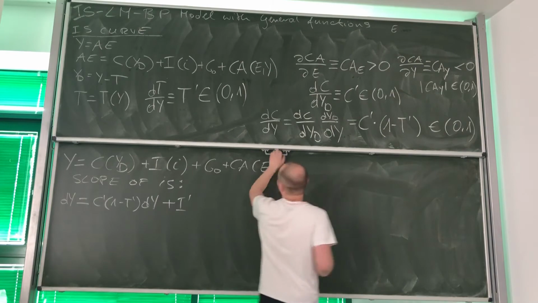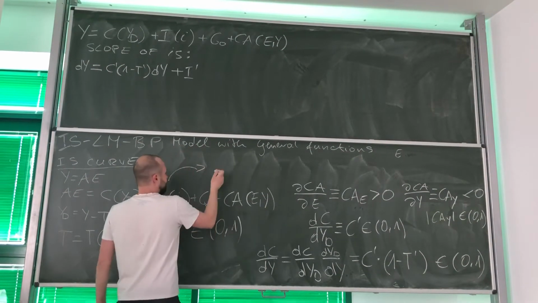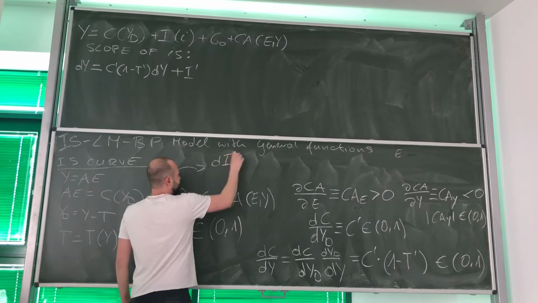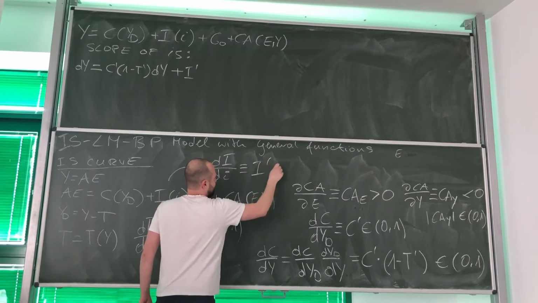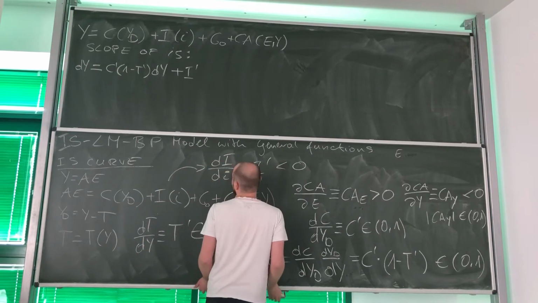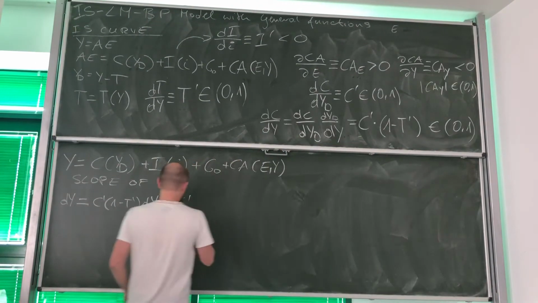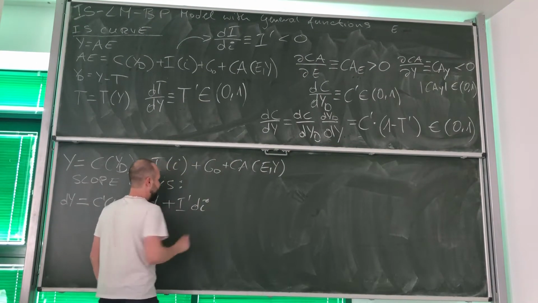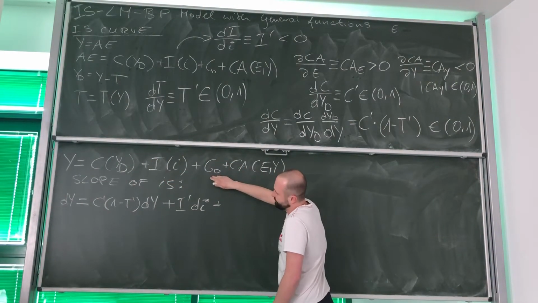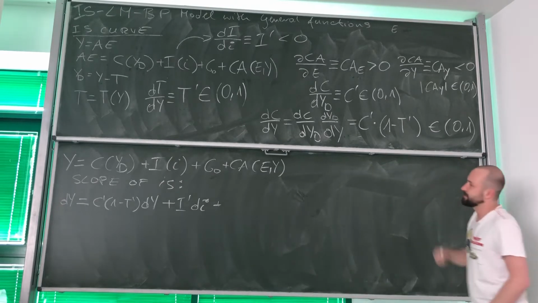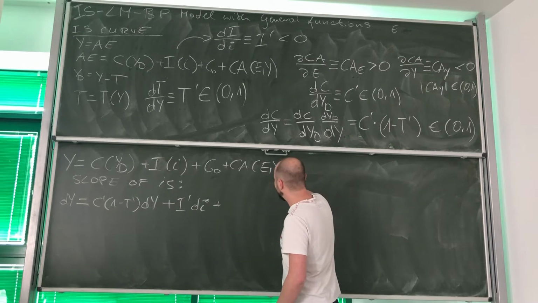Oh, that was one thing I haven't said, but just like we had in the previous case, of course, the derivative of investment with respect to interest rate is negative. The higher the interest rate, the lower the investment. Okay, so we've got I prime di, then we've got plus nothing, right? Because this doesn't contain either income or interest rate, and out of this one, we've got income over here.